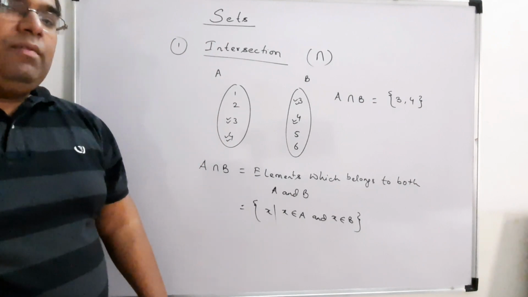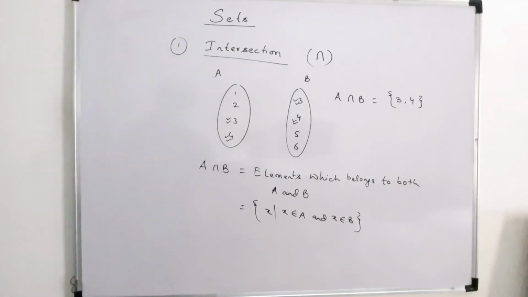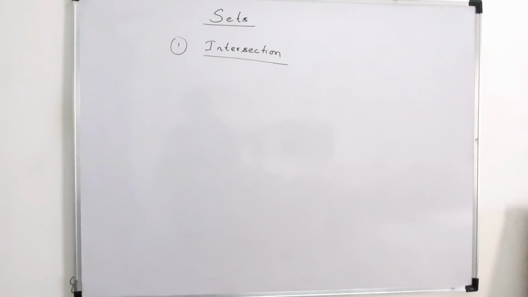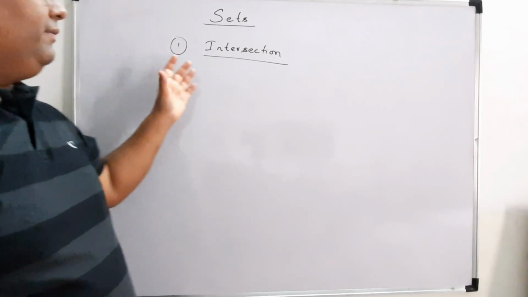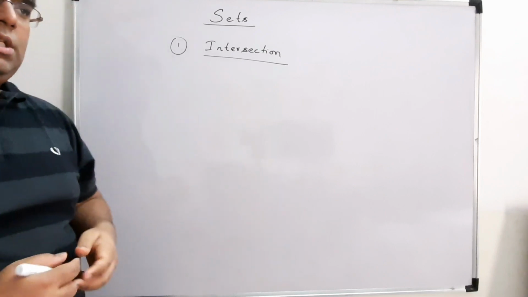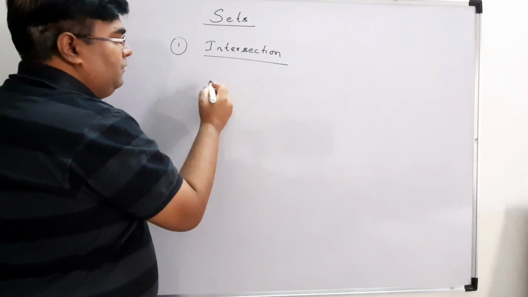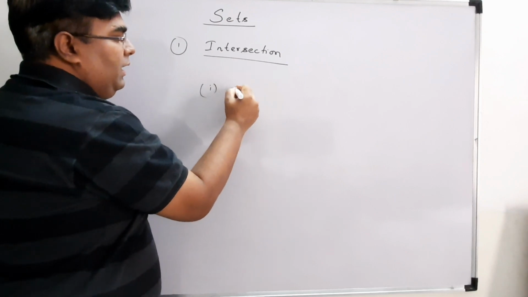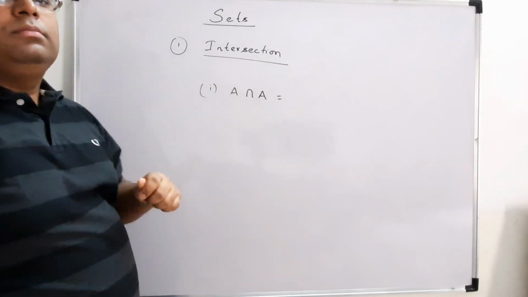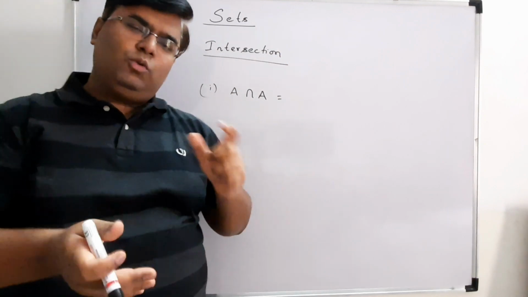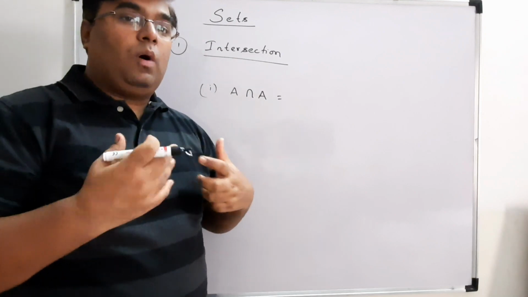Now we will learn about the properties of intersection. We have some properties related to the intersection operation. First of all, the first property: I am taking A intersection A. I am taking two same sets A, and we want to write the elements which are common to both.